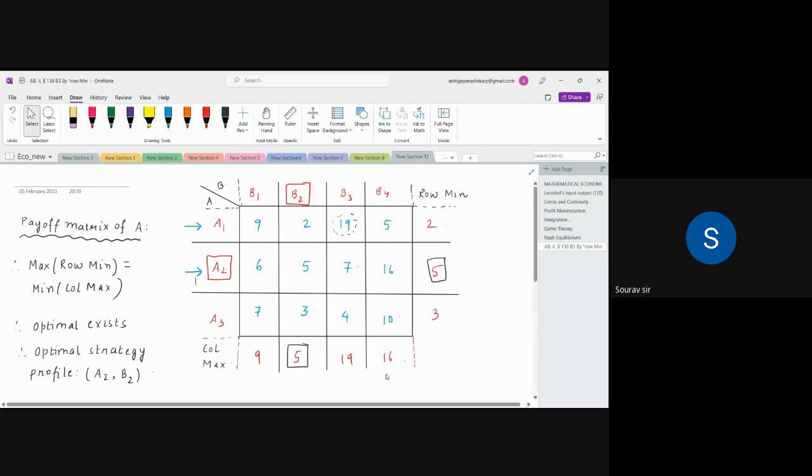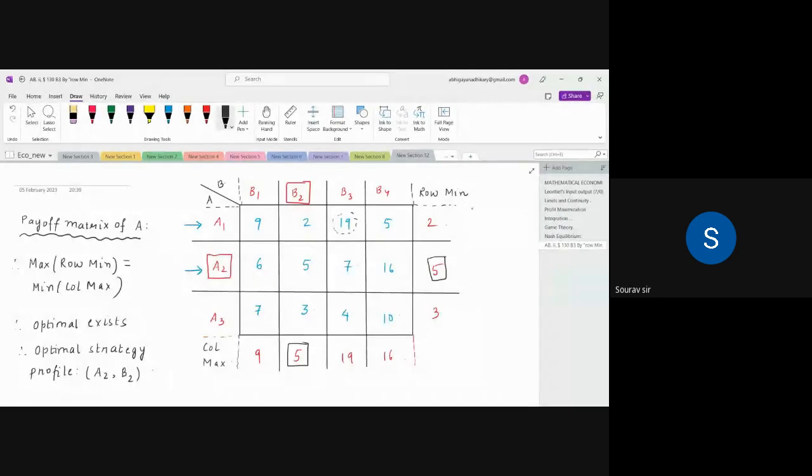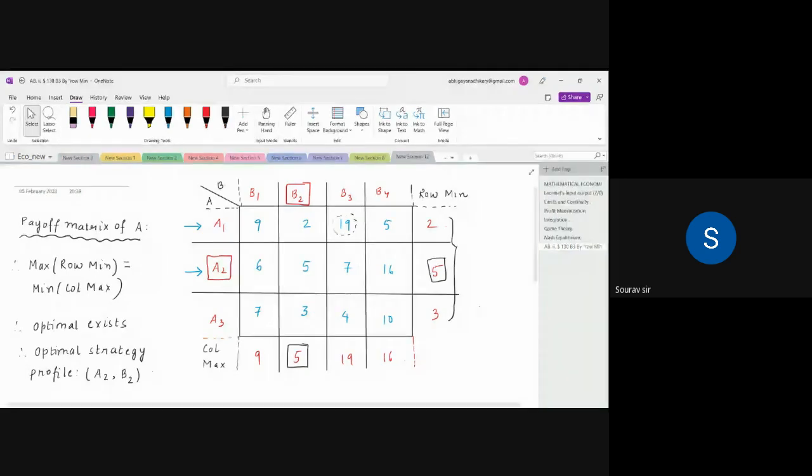That means having accounted for player two's behavior, we get to this row minimum column, where player one has understood that if I play A1, this is the worst case scenario that I might get. If I play A2, then 5 would be the worst case scenario, and if I play A3, then I would get 3.